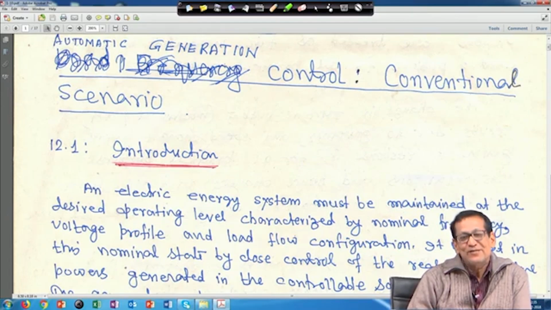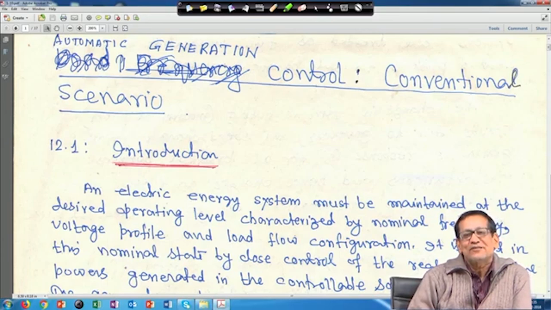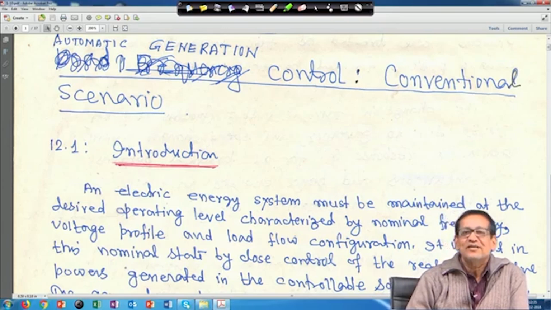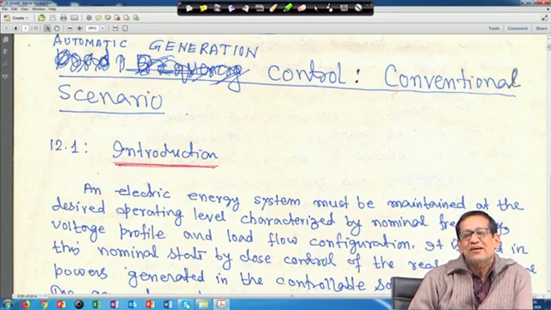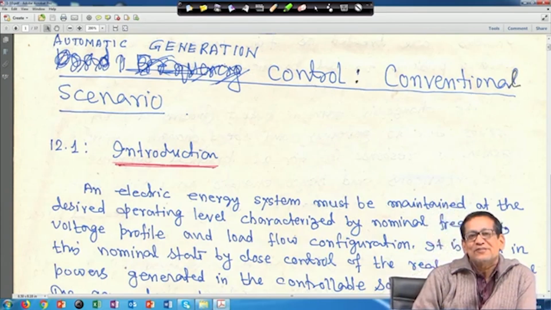So, first we will go to the conventional AGC, because from there we will move to the deregulated environment. Two different versions we will see regarding this AGC in the restructured or deregulated environment. We will restrict our analysis to the steady state part only. Simulation cannot be done in this video course, but I will show you some simulations.